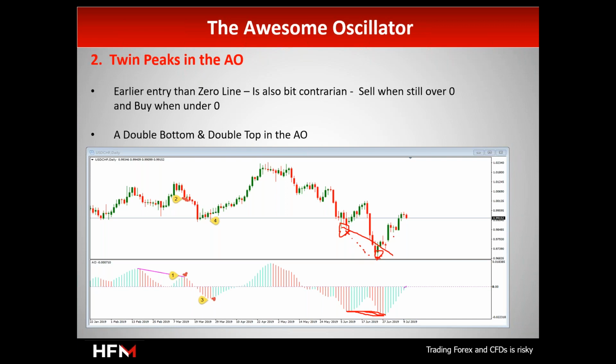So you can take an entry once the Awesome Oscillator turns closer to zero, like here, where you're selling the peak.